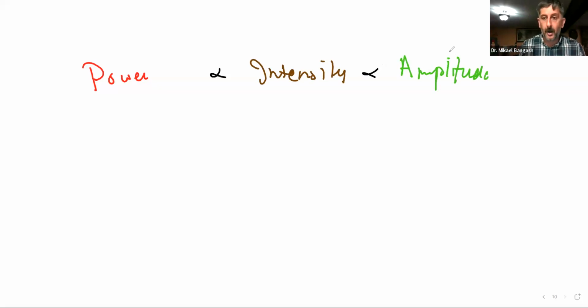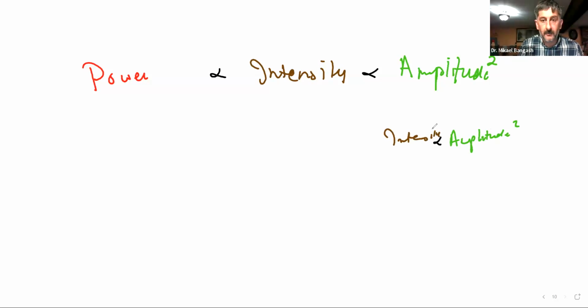But the actual relationship is going to be this, which briefly means that amplitude squared is directly proportional to intensity.